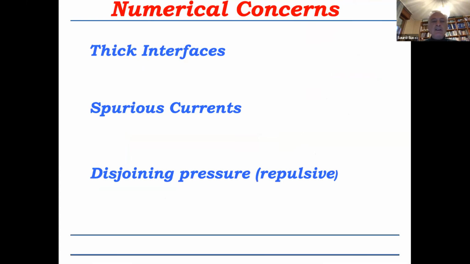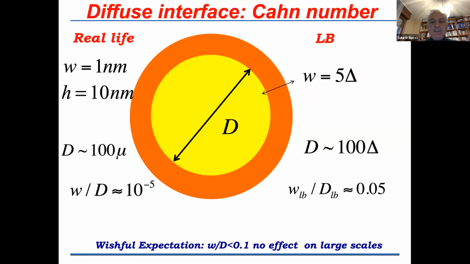This is very technical, it's about the specific problems of lattice Boltzmann. The only one I want to mention is, because it's relevant, and it's a great gift, that there is a number which we can actually trick. And this number is called the Cahn number. It's basically the ratio of the interface width, you see the orange ring around the droplet.